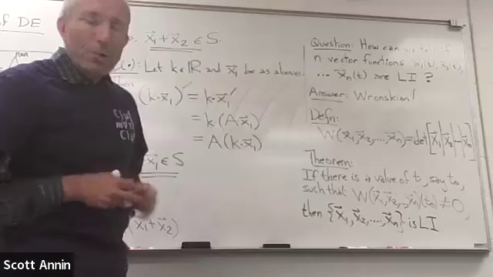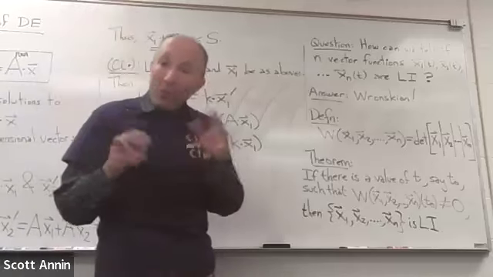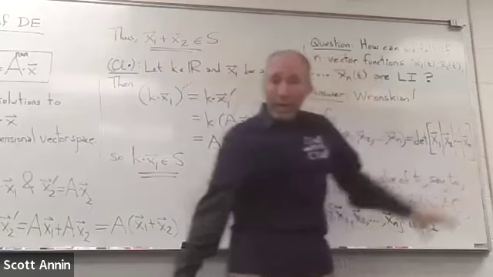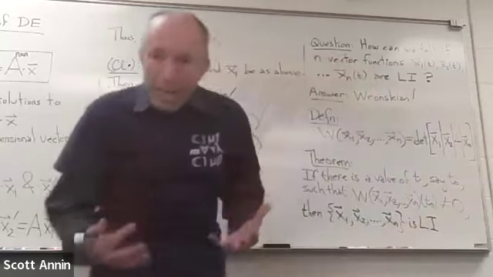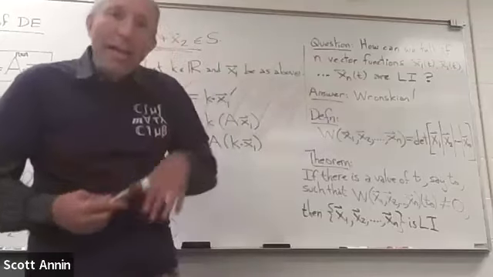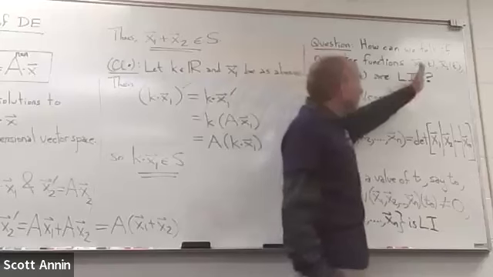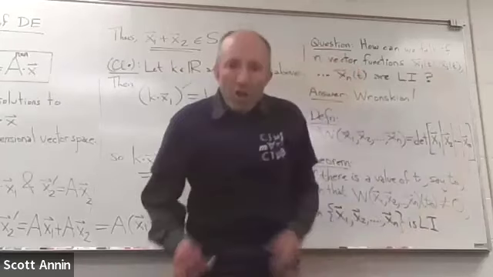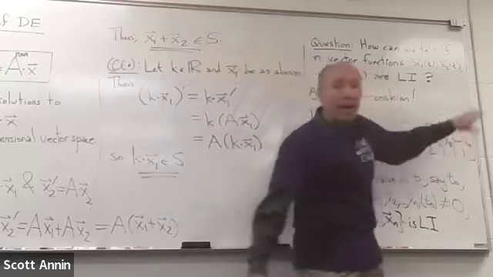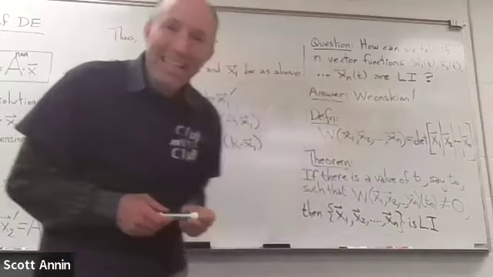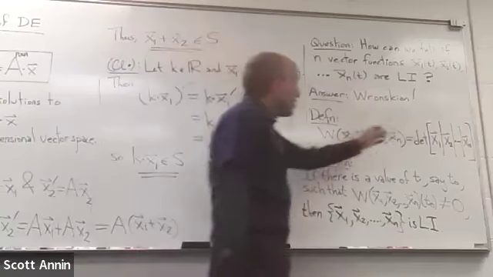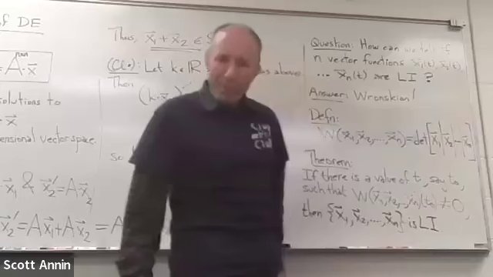Just like the Wronskian that we had for scalar functions, this matrix we are working with is not a matrix of numbers anymore. It is a matrix of functions, and every single column is a vector function of t. So you're going to have t's everywhere throughout this matrix, and you're calculating that determinant as a function of t.